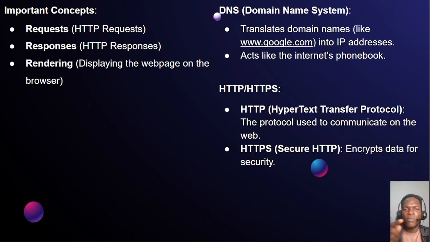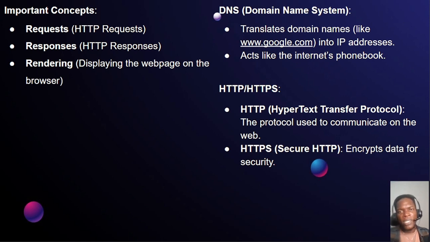That is the response through that HTTP, through your URL. It sends it back to the user and you see it displaying on your web page, which is rendering. So the important concept in how the internet works is you send a request, you get a response, and you see it displayed on your screen.